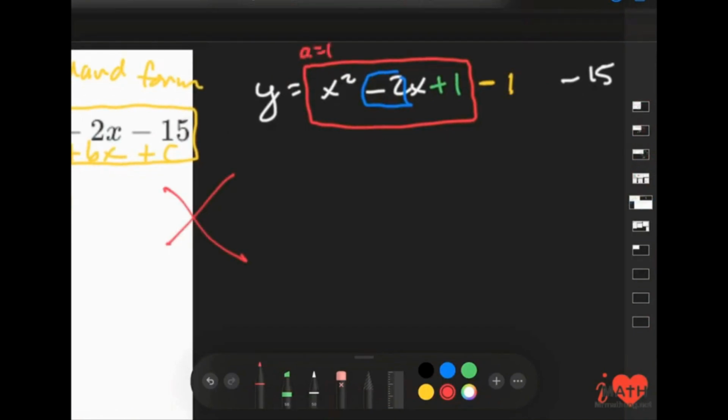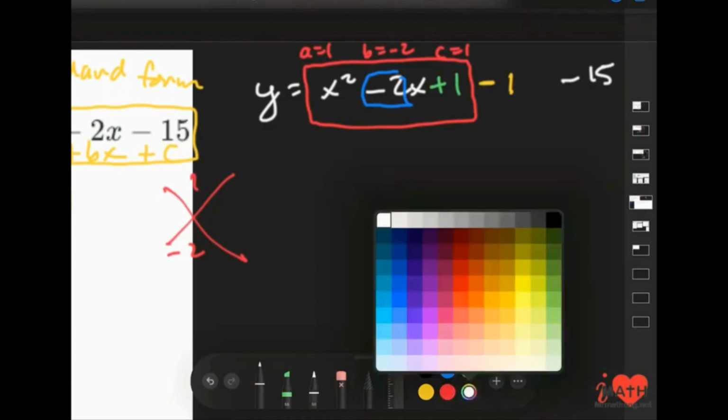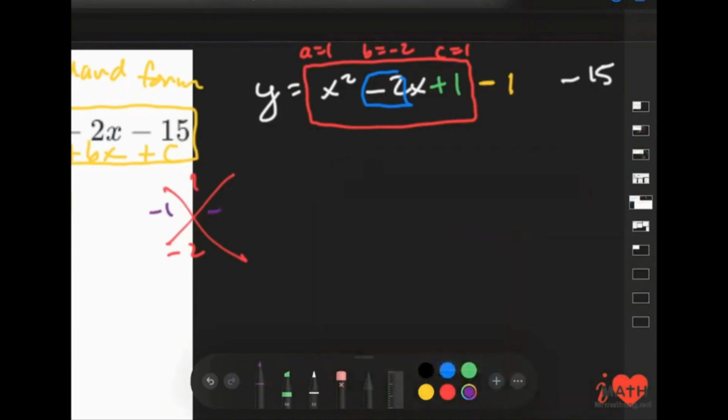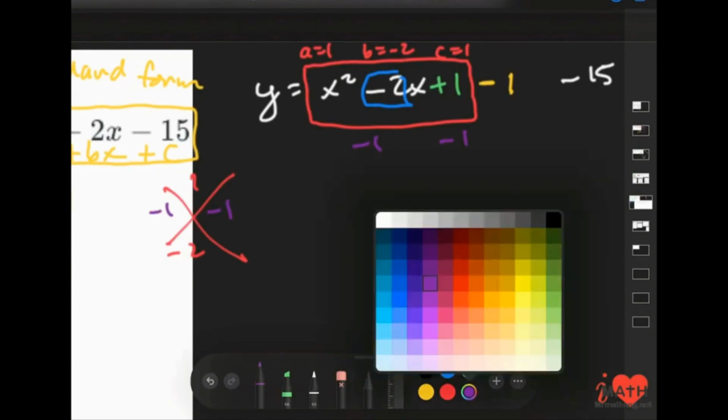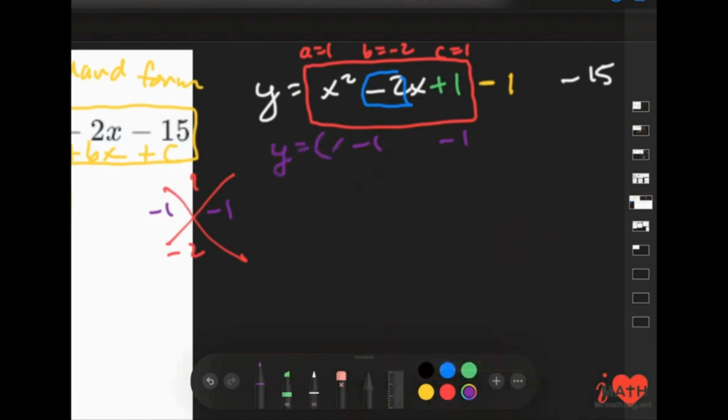A is 1, B is negative 2, and C is 1. A times C is 1, B value is negative 2. What are my two numbers? My two numbers are negative 1 and negative 1. So I have y equals x minus 1 and x minus 1.